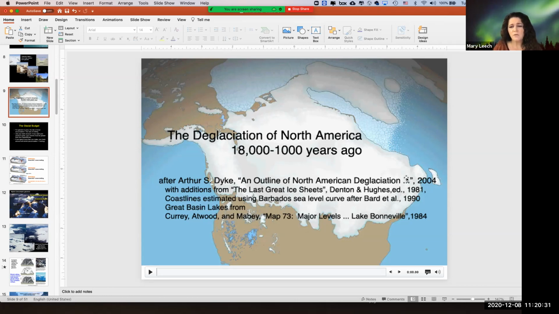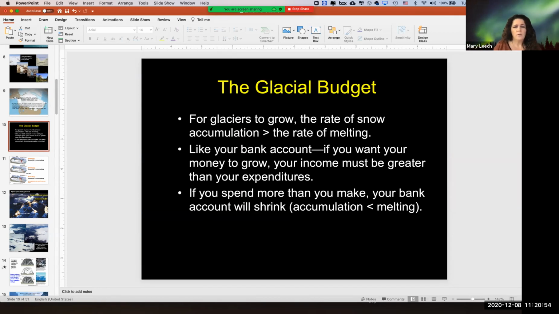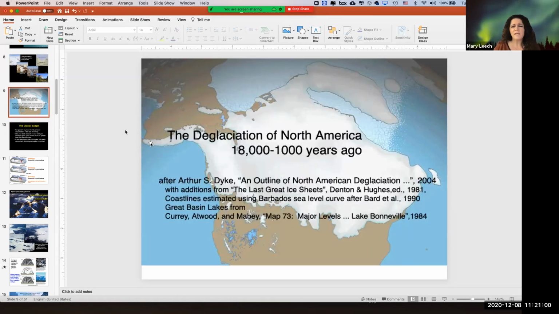The Continental Glaciers that came down south of the Great Lakes into the US, so it covers Canada and comes into the northern United States, that happened over the course of 18,000 years to about 1,000 years ago. So that was a long period where ice was, so yeah, what else is happening globally?